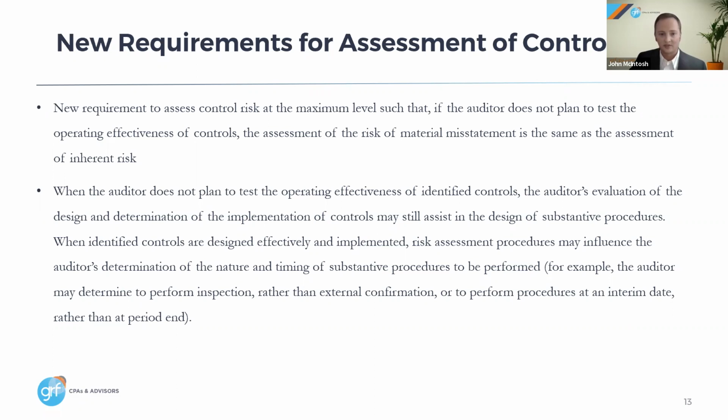However, in that situation, the new standard requires that the assessment of the risk of material misstatement, or RMM, be the same as the assessment of inherent risk, IR. In other words, if control risk equals the maximum level because controls were not tested, then RMM must equal IR.